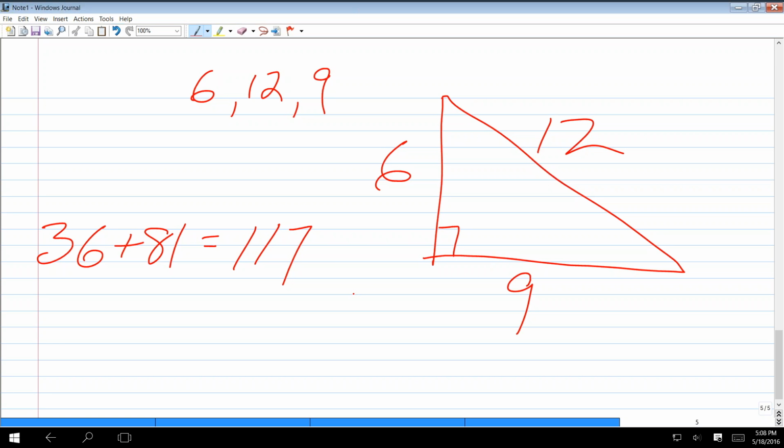In other words, if I were to draw a right triangle, this would be the square root of 117, which is a number smaller than 12. So if I were to draw a right triangle, it would be 6, 9, and something less than 12, right? Right. So since this is 12, this has to be an obtuse angle.